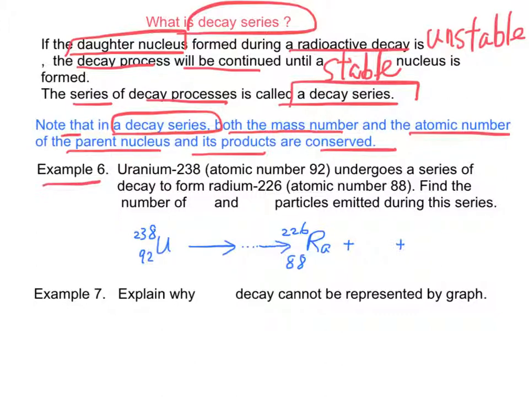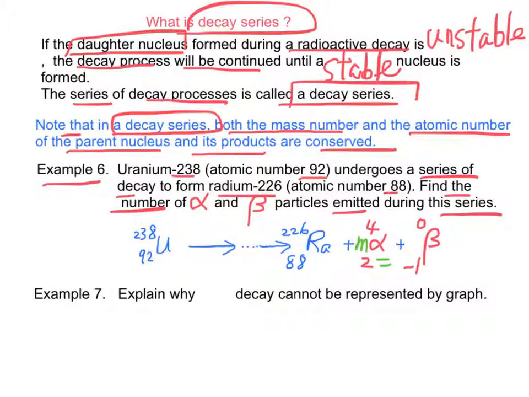Example 6. Uranium-238, atomic number 92, undergoes a series of decays to form radium-226 with atomic number 88. Find the number of alpha particles and beta particles emitted during this decay series. Let the total number of alpha particles emitted be m, and the total number of beta particles emitted be n.